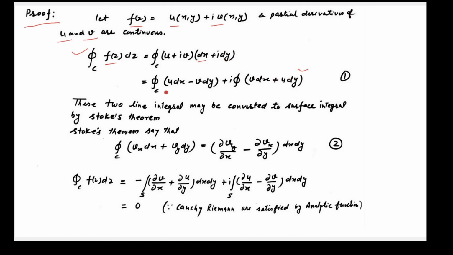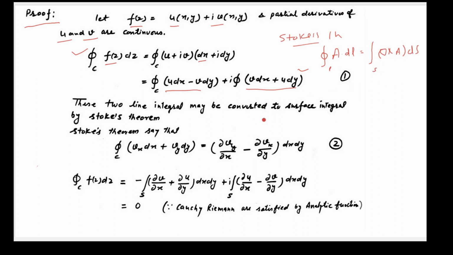Now we will solve these two integrals using Stokes theorem. Stokes theorem states that the closed line integral of A dot dl will be equal to the surface integral of curl of A. This is called Stokes theorem.